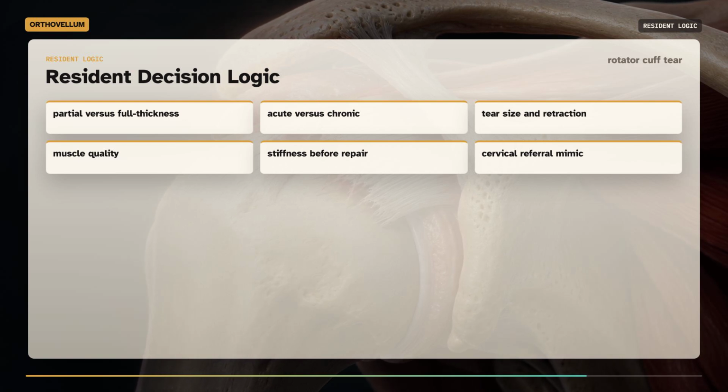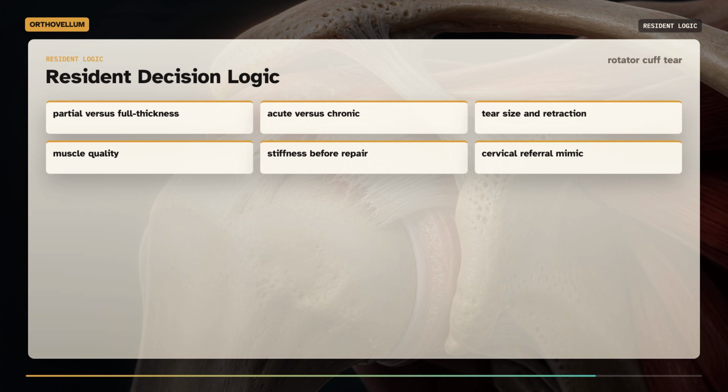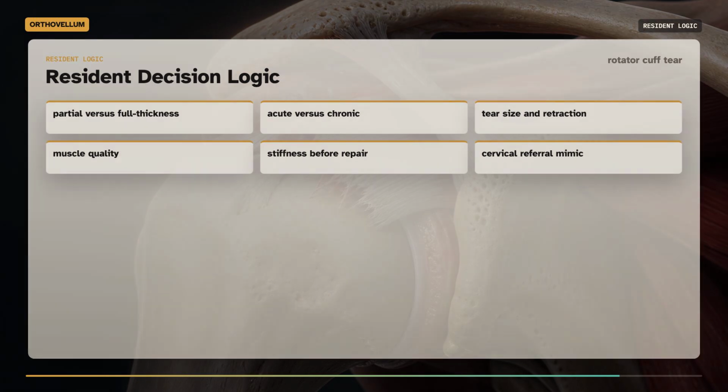If the story is atypical, slow down. Atypical pain deserves a wider lens. On a ward round or in clinic, present the case as a decision, not a biography. Diagnosis, severity, risk, options, and what you recommend next. The resident who can explain a condition simply without lying about complexity is already practicing at a higher level.